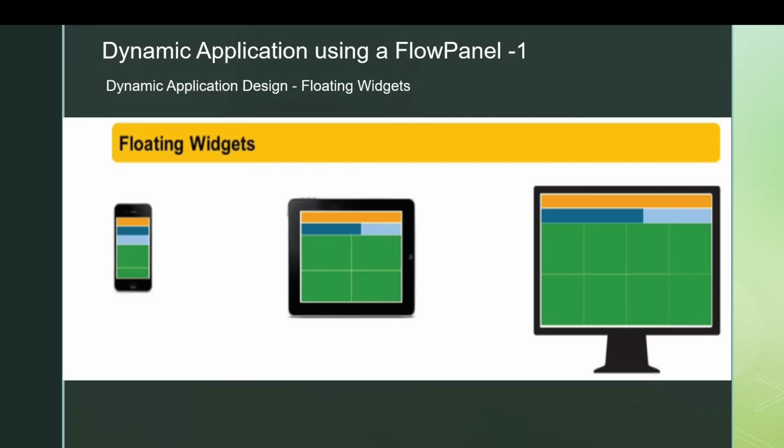But on the desktop view, we can explore all eight widgets at once, at one time. So there is no complication in this type of strategy, but the style of showing the widgets is different.